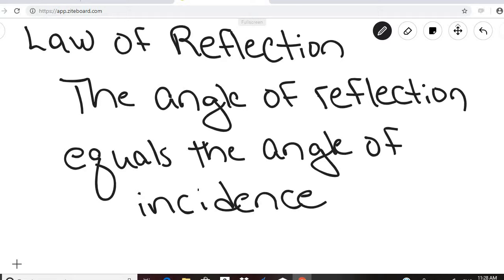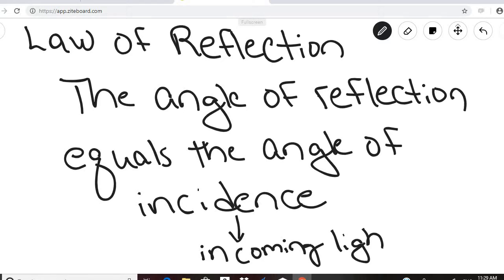So when you have a beam of light striking a surface, the angle of incidence is the incoming light, and the angle of reflection is the reflected light or the outgoing light.